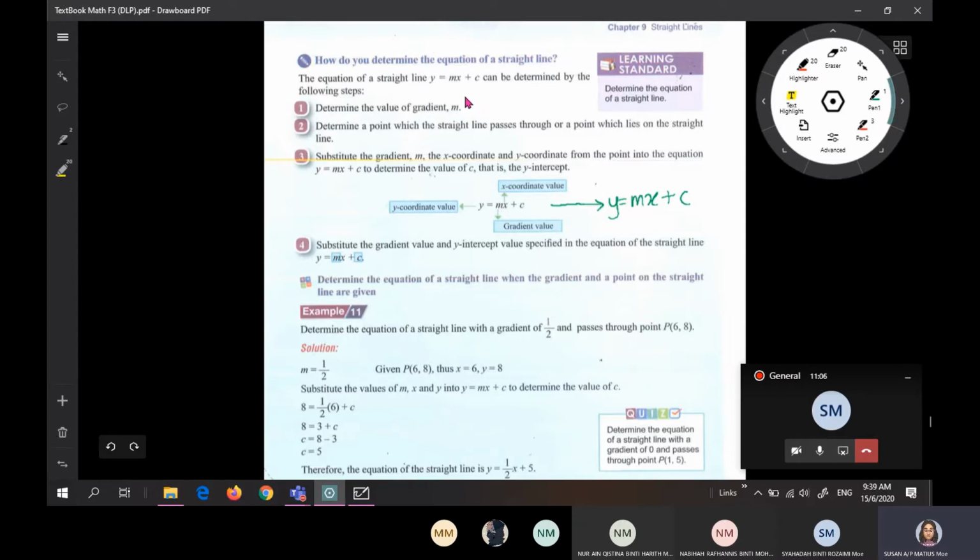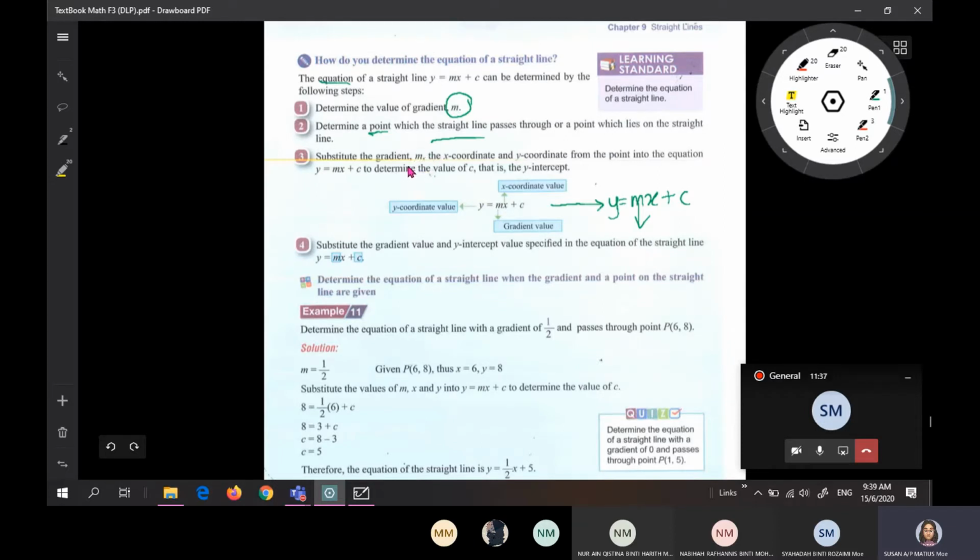So how do you find the equation? Your first step is to know the gradient, the value of m. The second step, if you are given a point, make sure the point is on the straight line.